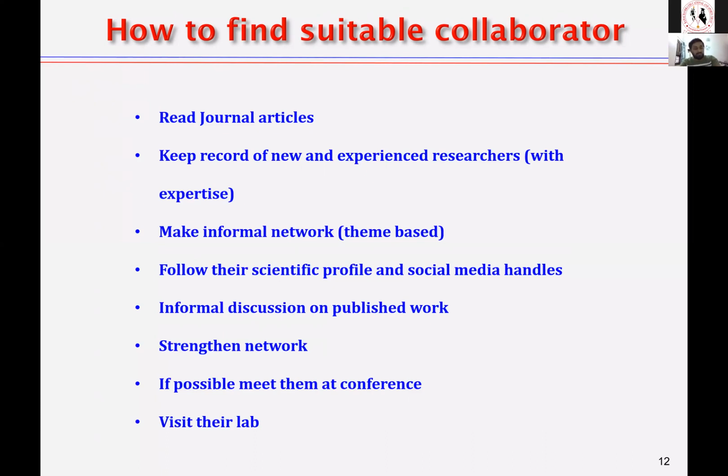You read more and more journal articles, and keep a record of who is working exactly like your research, call them competitors, who is doing complementary research, call them potential collaborators, who is new in the field, who is at the mid-career level, who is at the experienced level.